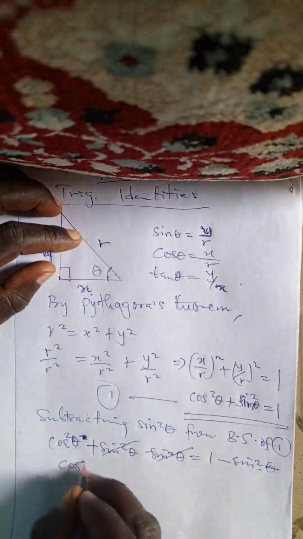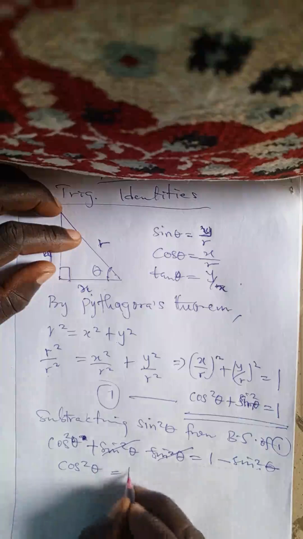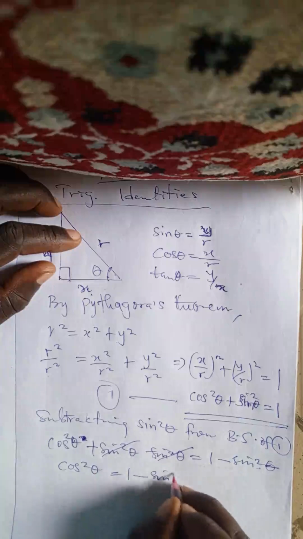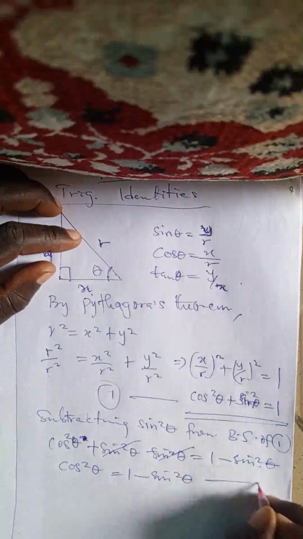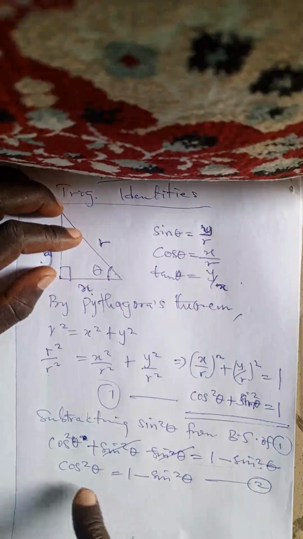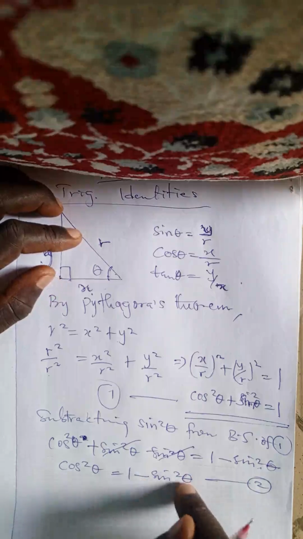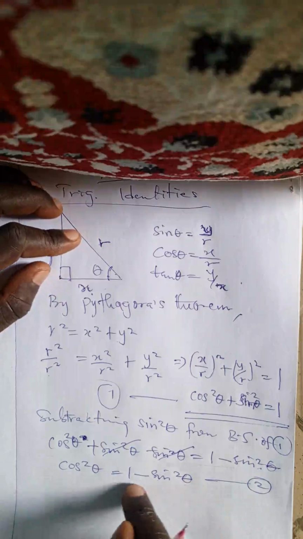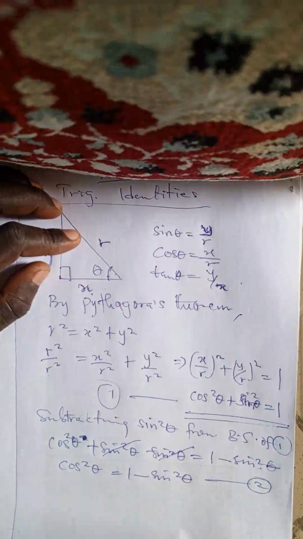Therefore you have cos squared theta is equal to 1 minus sine squared theta, and this is equation 2. So you see, whenever you see 1 minus sine squared theta, you can simply represent it with cos squared theta.